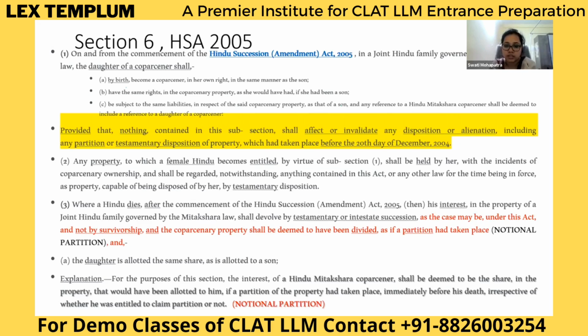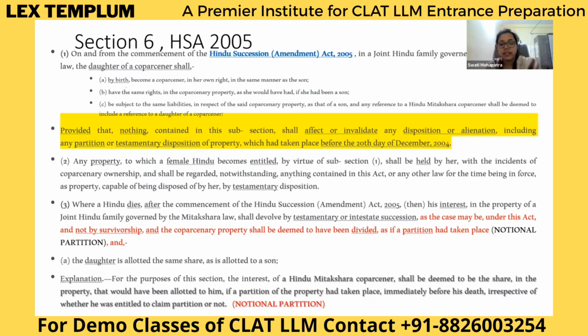It's not an actual partition. It is not a partition by metes and bounds, but you're presuming that the partition has happened so that you can segregate the amount only for the purpose of determining the share of the co-partners, or the share of the widow, or the share of anyone who is supposed to get part of the property. Only to determine their share, you are presuming that there is a partition which has already occurred.